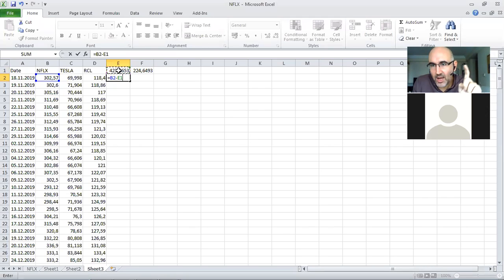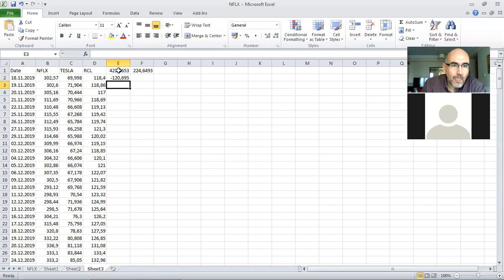Here I will do a trick which I've done before, and I will need to put dollar signs around the cell containing the average, because when I paste it down, I don't want that value to change. The dollar signs are invoked by the function key F4, which keeps that as a stable value. So the difference below the mean is 120.